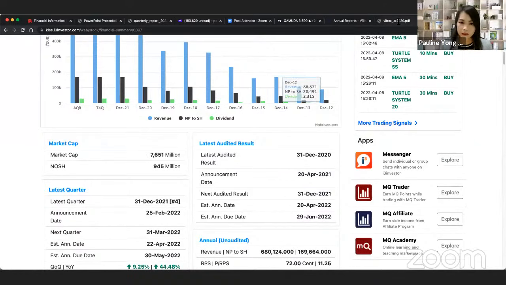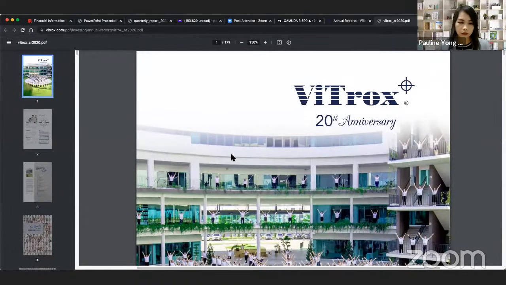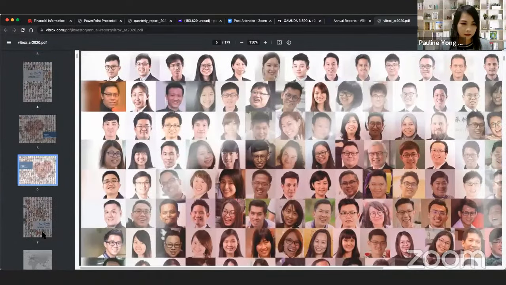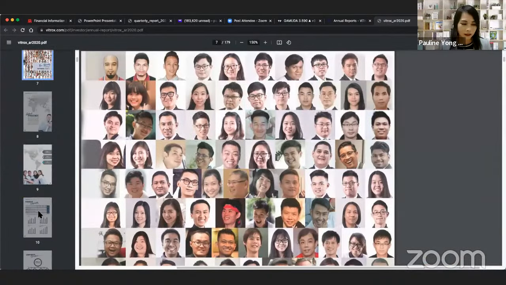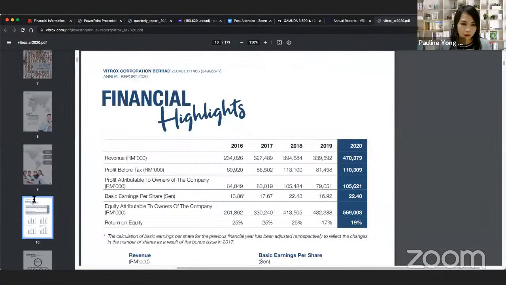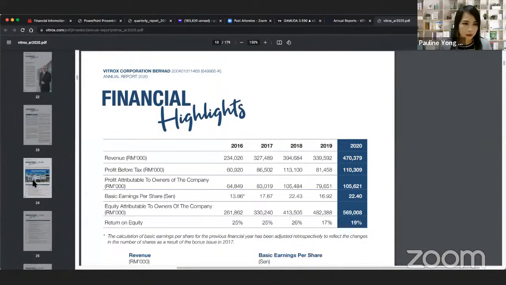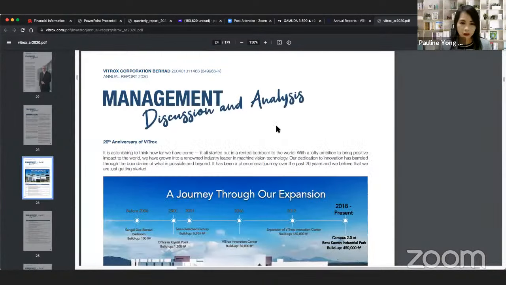So here, let's take a look at their annual report for 2020. What are the things that you need to see? Basically, in this annual report, they will tell you their core values and all their stuff. The important thing is the financial highlights, which you will see at one glance. But I usually go straight to the management discussion and analysis.